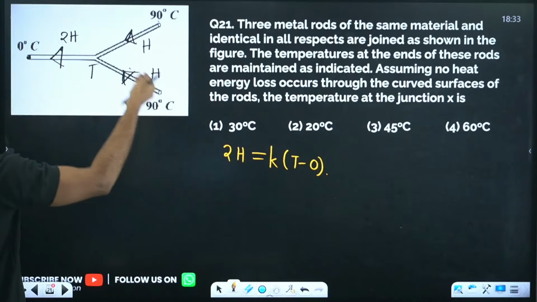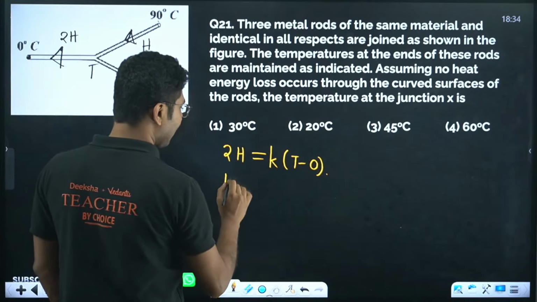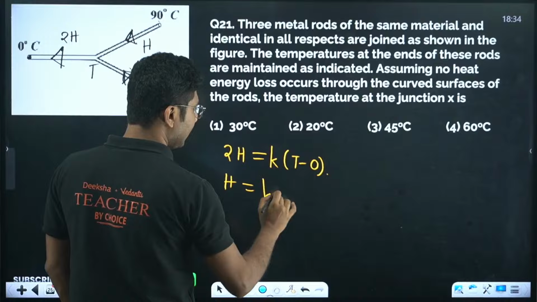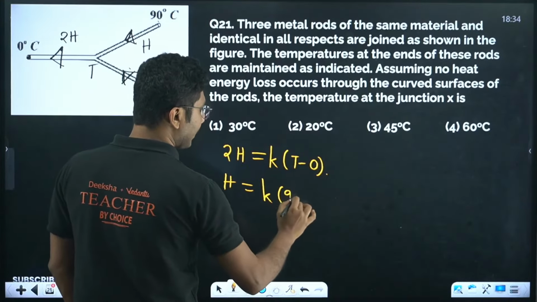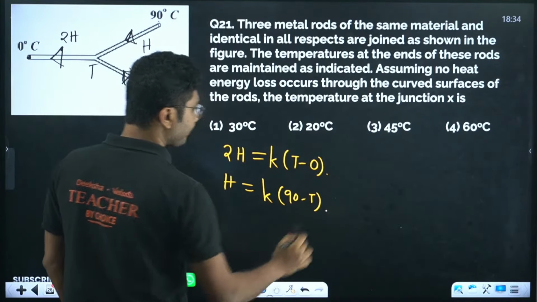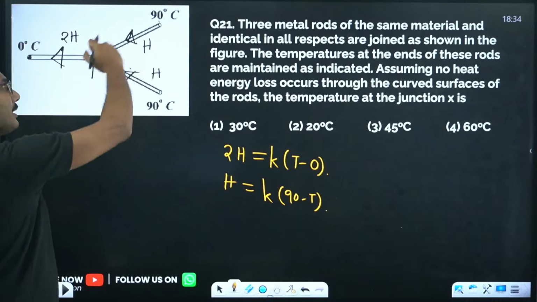Now what is this heat? This heat is given by the same constant into high temperature minus low temperature. Right? This is the same for the other rod as well.